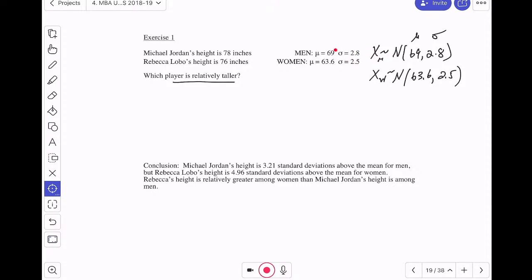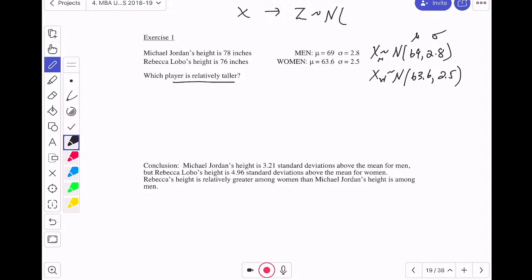So we're going to convert x into z, where z is also normal, but it has a certain set of parameters. It's centered at 0, and the standard deviation is 1. And what this allows us to do is convert the value 78 inches into standard deviations from the mean. That's what this means. So it's like a new variable.